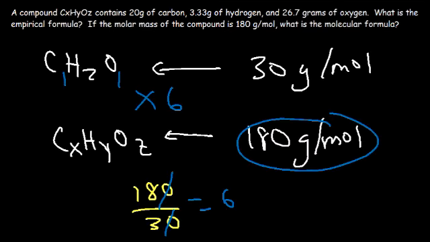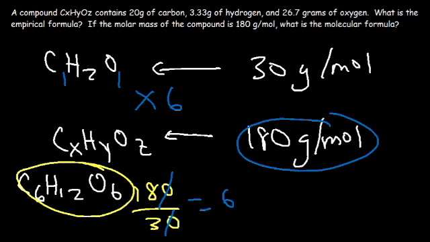So C1H2O1 is going to become C6H12O6. And so this is the molecular formula, and this is the empirical formula. The empirical formula is the lowest ratio possible of any molecular formula. And you have to use whole number ratios if you want to write the empirical formula.